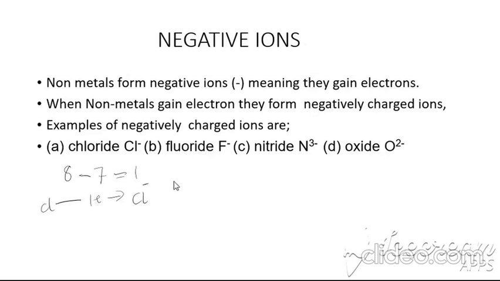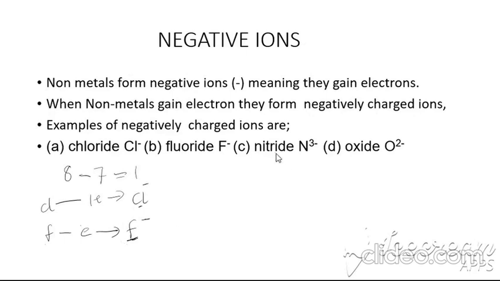So fluorine like that, and then 1 electron. It's gaining 1 electron to form this fluoride. So this is a fluorine atom, this is fluoride. This is chlorine atom, this is chloride ion.